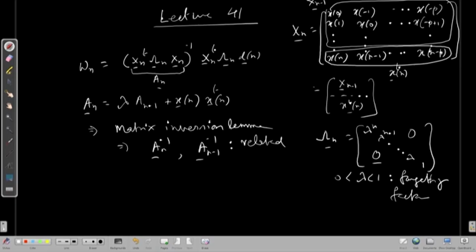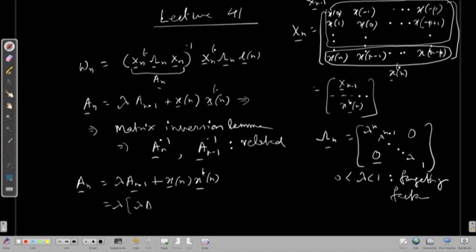How to make sure that the invertibility issue does not bother us? For that, consider this expression. Here, we again write A n minus 1. First, write what we have written there. Then this we replace again by the same expression, replacing n by n minus 1 in the left hand side.